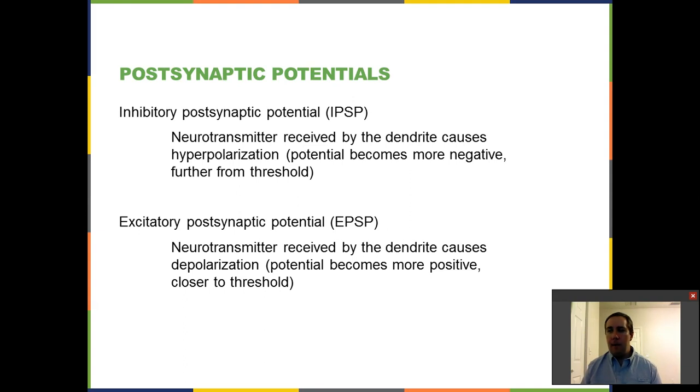Positive 30. Yeah, very good. The top of the peak is positive 30. And now we start to come back down. What do we call it when we're coming back down? Repolarization. And what is happening to bring our voltage back down?